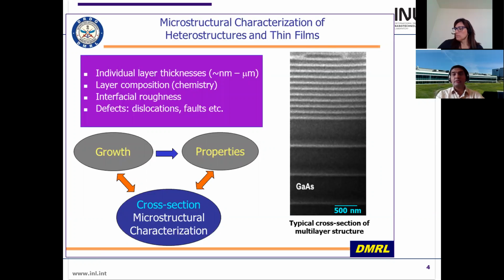And each individual layer thickness, their composition, the defects, etc., actually govern the final property of the device structure that has been grown. So from the previous slide that I had shown, here the growth to the final property is linked, and that has to be studied or rather looked at in detail in the cross-section mode because they are in the form of stacks of different layers together.